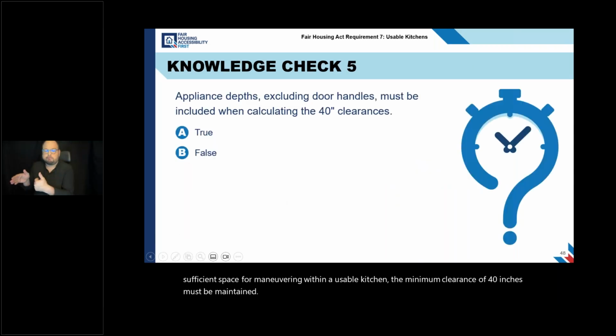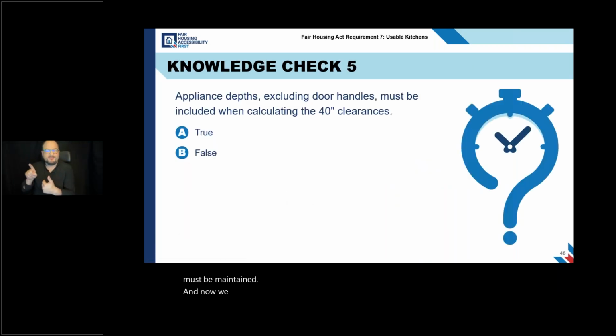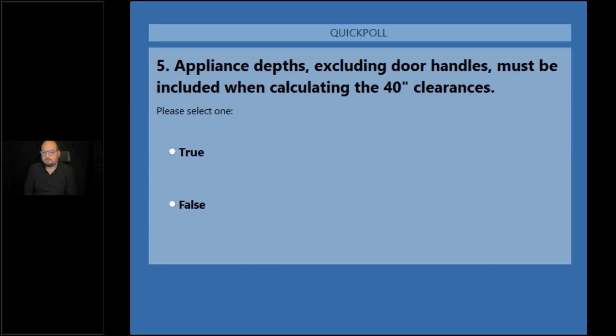And now we are at knowledge check 5, and I'm going to launch this poll so that you can select the correct answer. Knowledge check 5 reads, appliance depths, excluding door handles, must be included when calculating the 40-inch clearances.